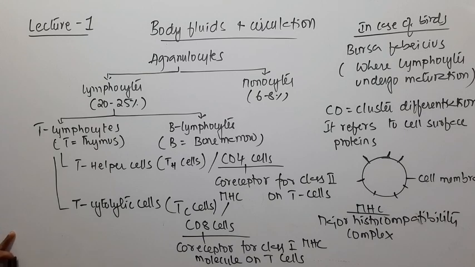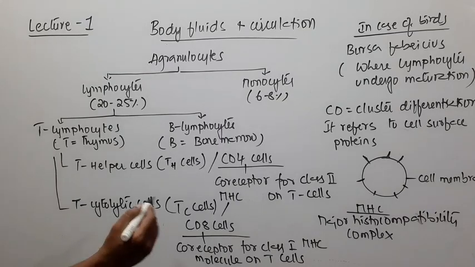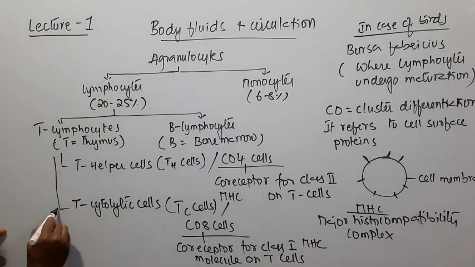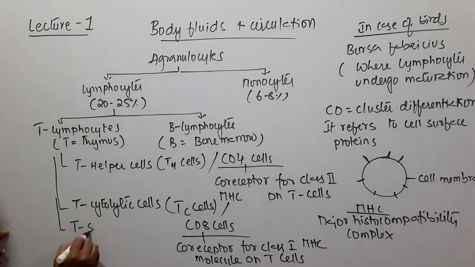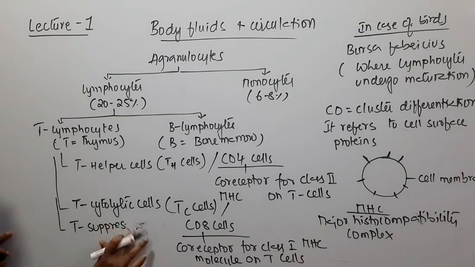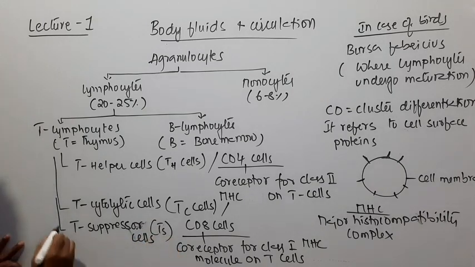The next type of T cells includes T suppressor cells. These cells will help in suppressing the activity of the immune system after the defense mechanisms. In short we call them TS cells.